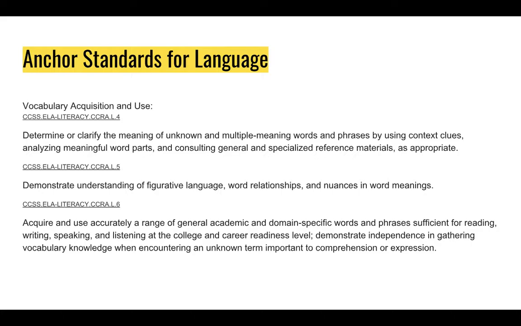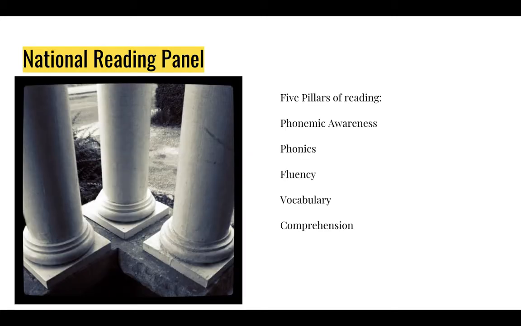There was this idea that if we gave students rich texts, they would just naturally acquire the vocabulary, and while that is true for many students, what the Common Core state standards have really oriented us back to is this idea that there's a lot of research that indicates that explicit, direct instruction of vocabulary is in fact effective, and can in fact help students with their reading comprehension.